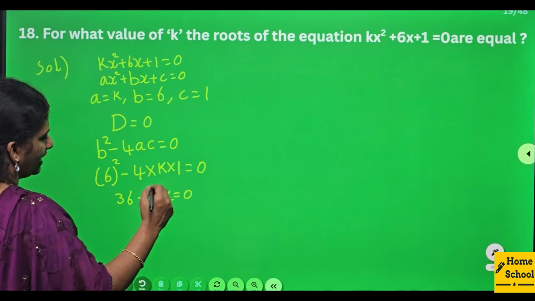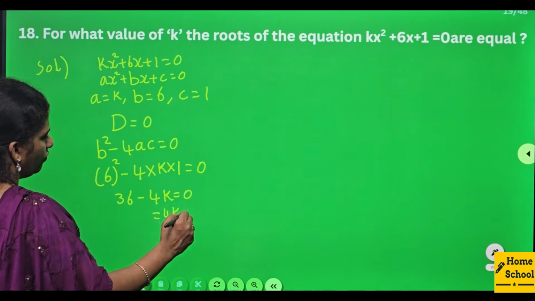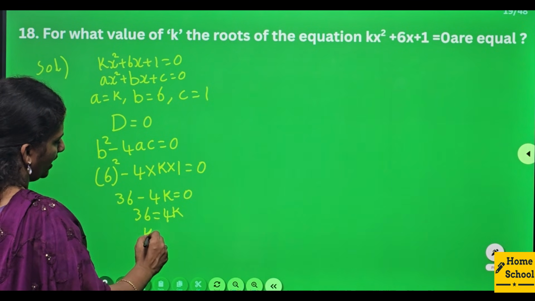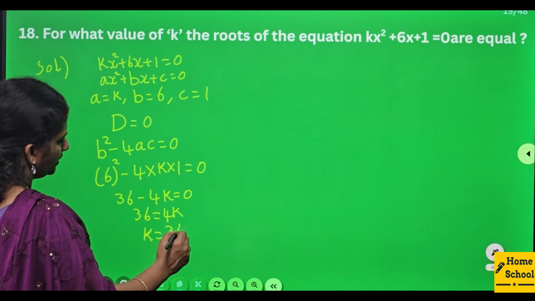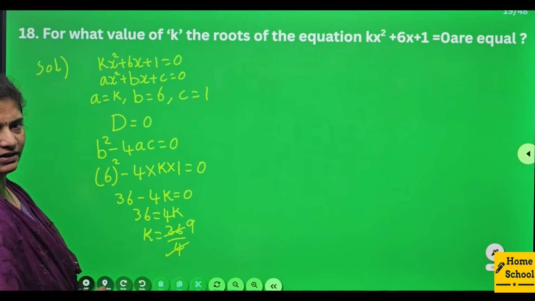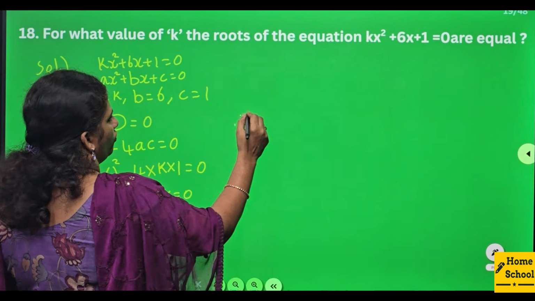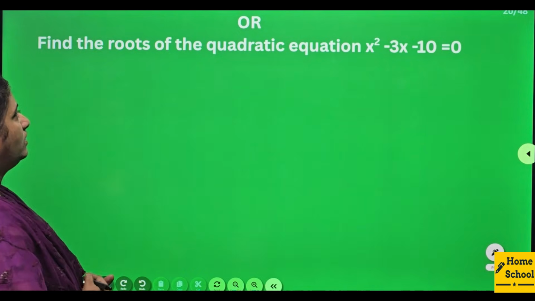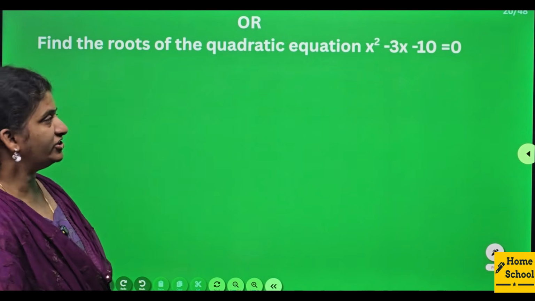Minus 4k transpose other side, 4k is equal to 36. Now k is equal to 36 by 4. That is 4 9s are 36. Therefore, k is equal to 9.